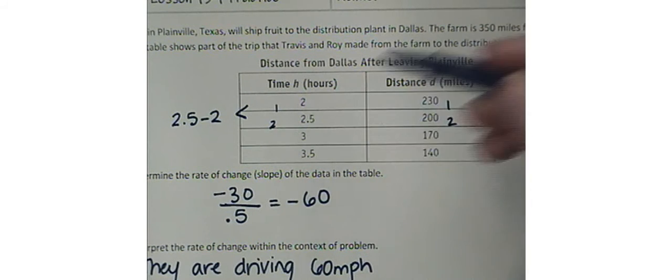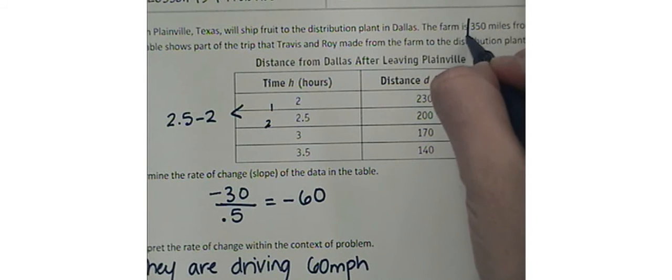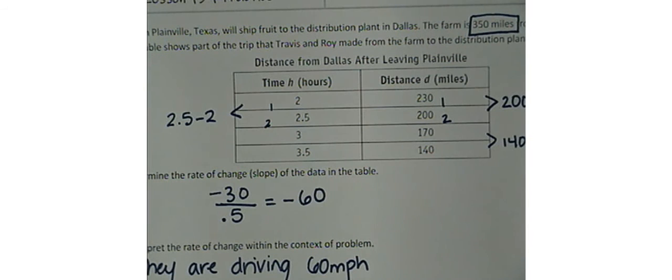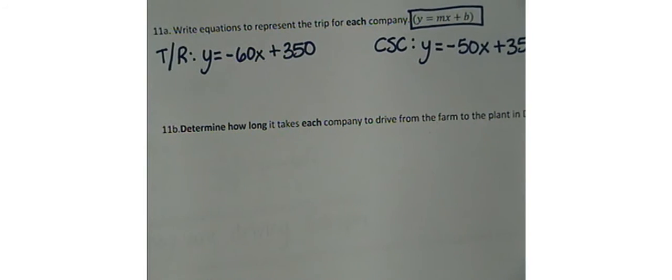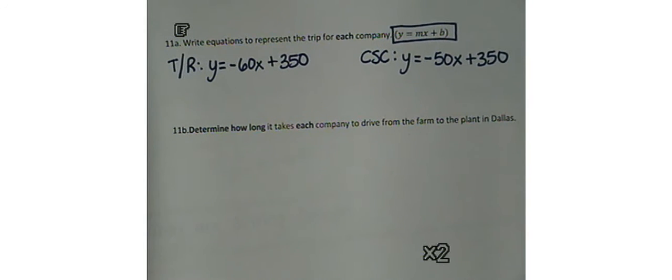But what I can do is remember back to my directions. It's 350 miles away. So Travis and Roy also have the exact same y-intercept. It's also 350 miles away.